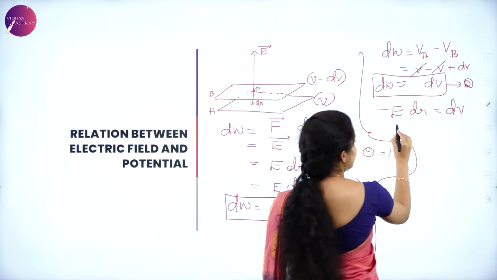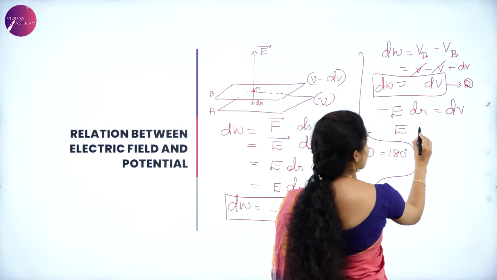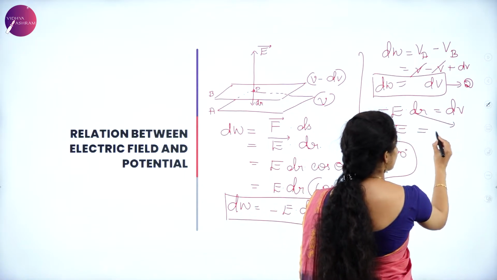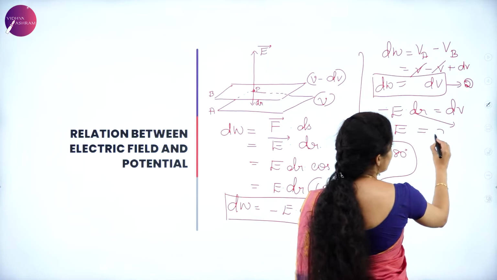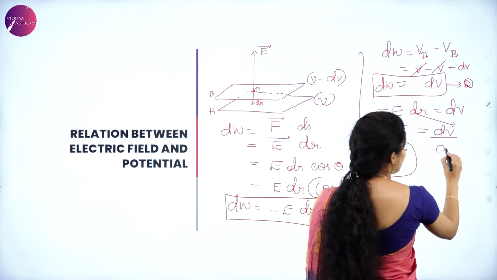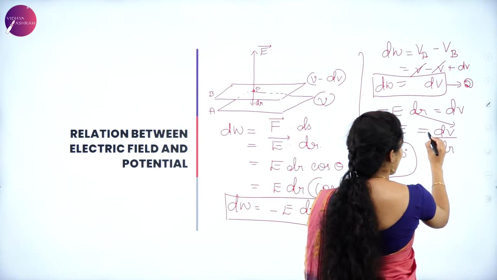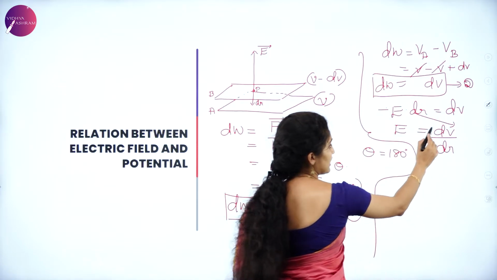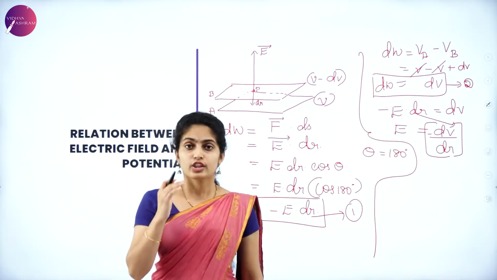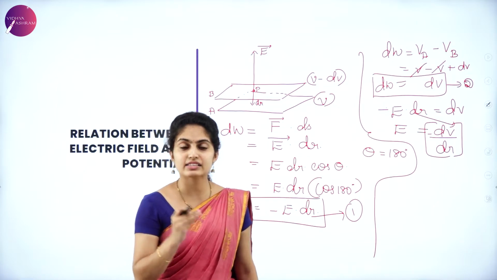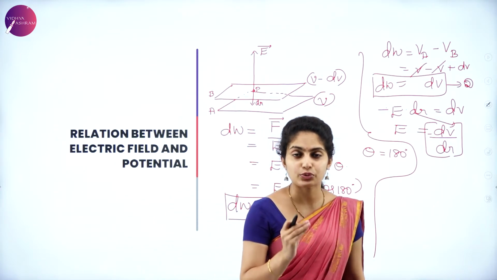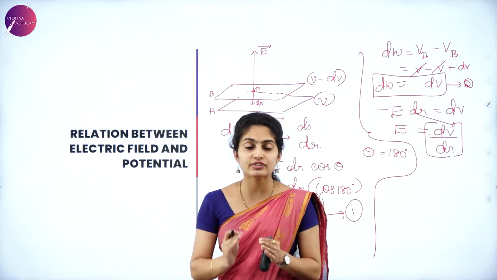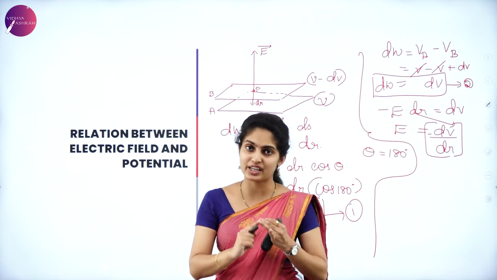So I have got electric field E, which is equal to, take your dr towards the denominator, so it becomes dV divided by dr and negative of the sign. The potential always acts against the electric field. So this is the one which gives the relationship between electric field and potential.